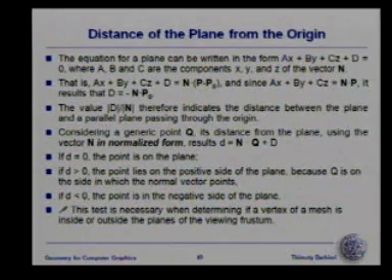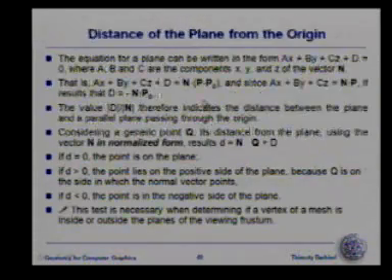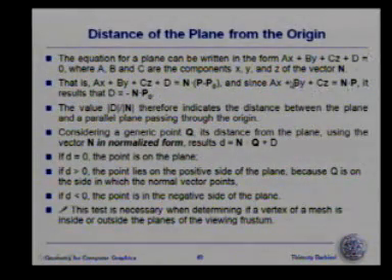How can you be sure of that? Well, you just equate the two definitions. Because ax plus by plus cz plus d equals 0, that's the Cartesian definition, and that's the vectorial definition, n scalar P minus P0. So you equate them, and you can see that ax plus by plus cz is actually n scalar P. Why?